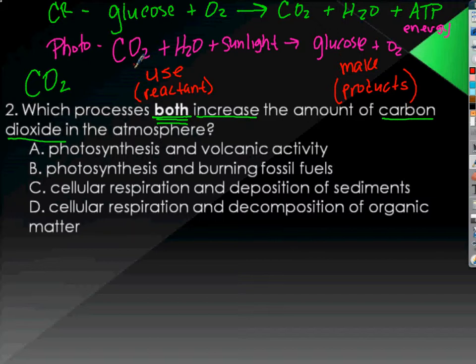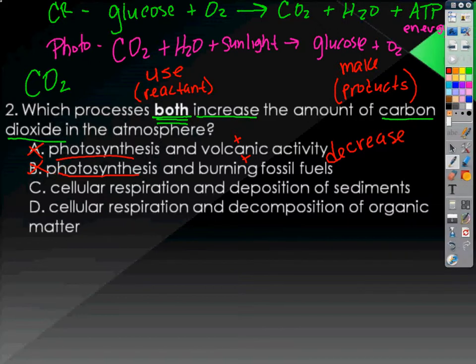So it would actually decrease for photosynthesis. Both of these have photosynthesis, so they would decrease. Now, volcanoes will increase. Burning fossil fuels will increase. But the question says both. So that means A and B are incorrect. That leaves us with C and D.